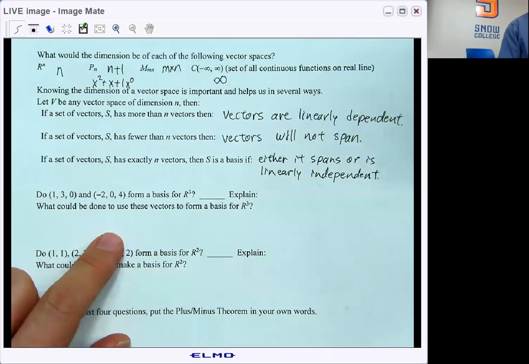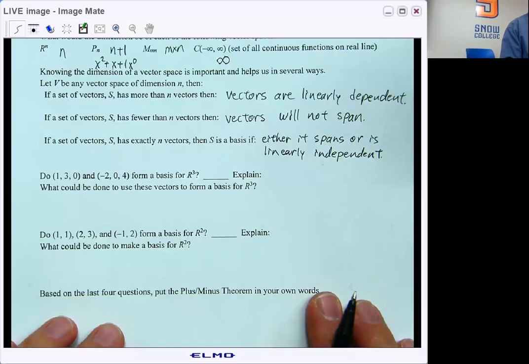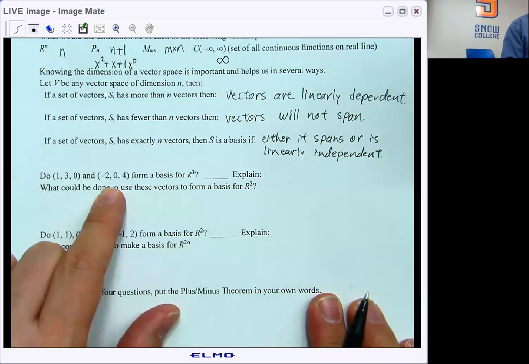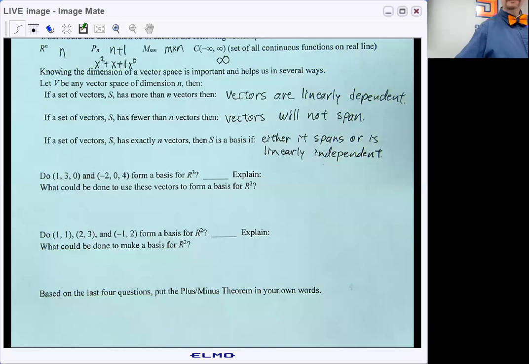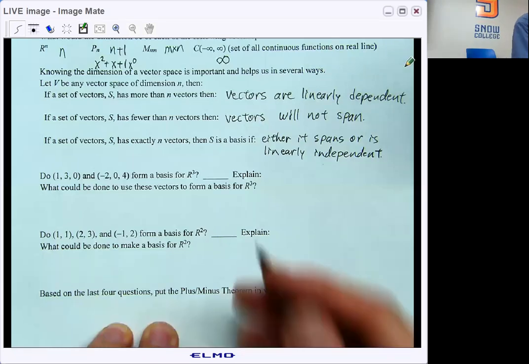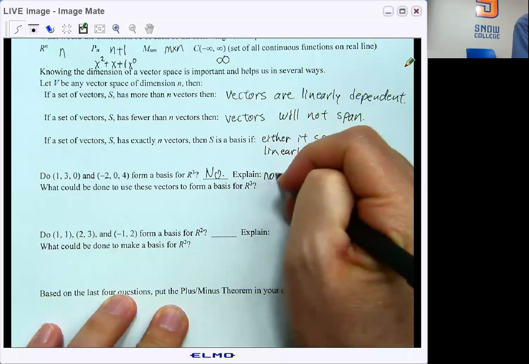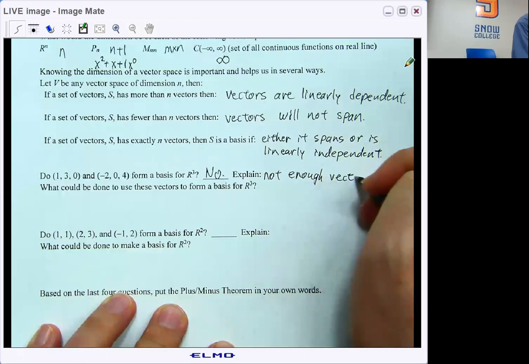So just a few things to wrap up here on 5.4, basis and dimension. If we have the vector 1, 3, 0 and the vector negative 2, 0, 4, do they form a basis for R3? Explain. The answer is no. There are not enough vectors. There are only 2 vectors in a 3-dimensional space.